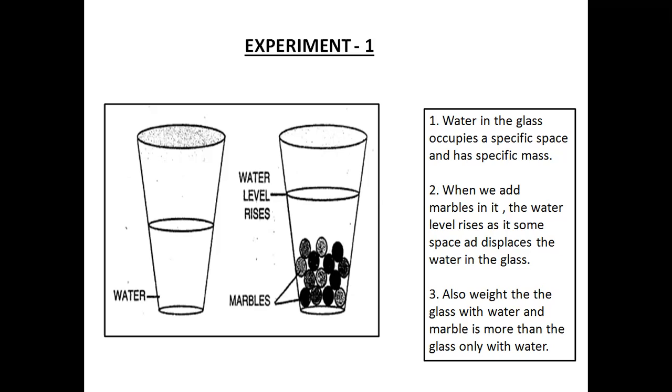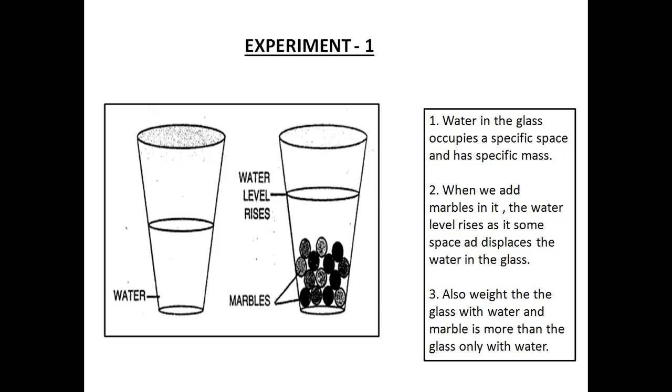Because the marble occupies some space. When we have put it inside the glass, it displaces the water from its own place and occupies that space of the water. Now, what happens to the water? It rises up from the initial to a final level. That is why it seems as if the water level has risen.